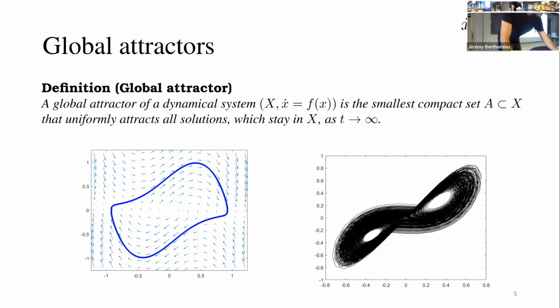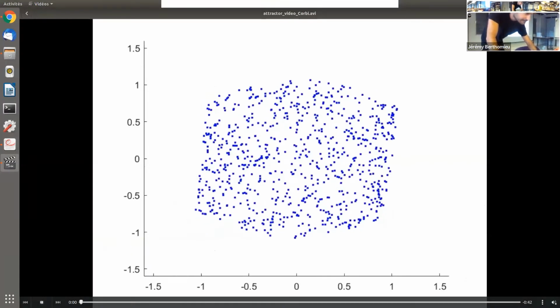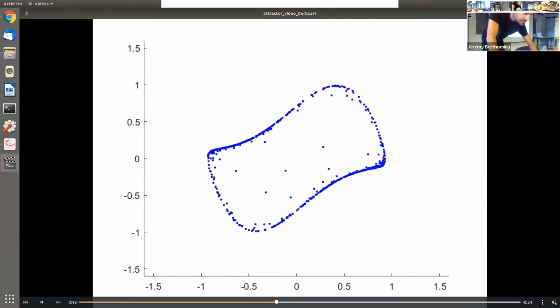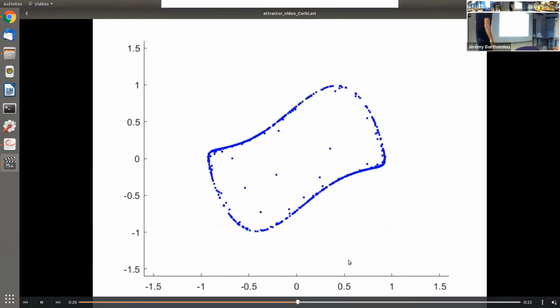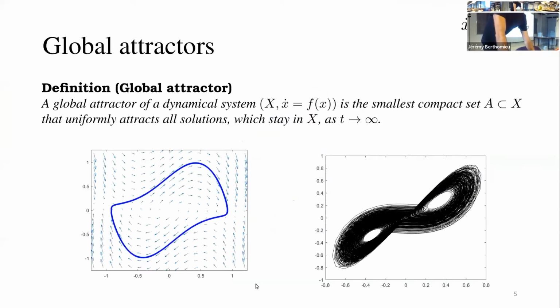Okay, so here, one has to be careful. If we look back at the video here, and if I fast forward a little bit, we see that there are some particles that take really a long time to reach the outer curve here. And this is because they start in the middle where there's not much dynamics happening. There's low velocity. So in fact, for the system I'm showing here, the attractor is not just the outside curve that we are showing here.